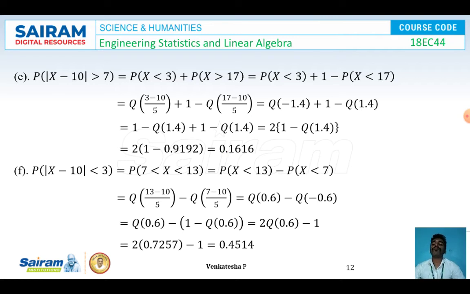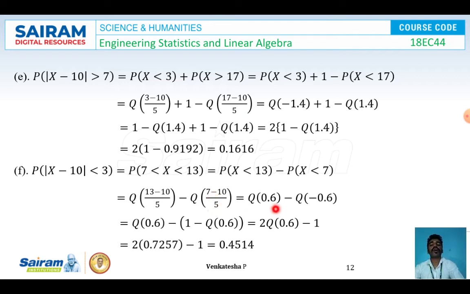Next one, P(|X − 10| < 3). On simplifying this, the value will be P(7 < X < 13). It will be equal to P(X < 13) minus P(X < 7). Now I'm going to use the Q function here. Q((13 − 10)/5) for P(X < 13), minus Q((7 − 10)/5).